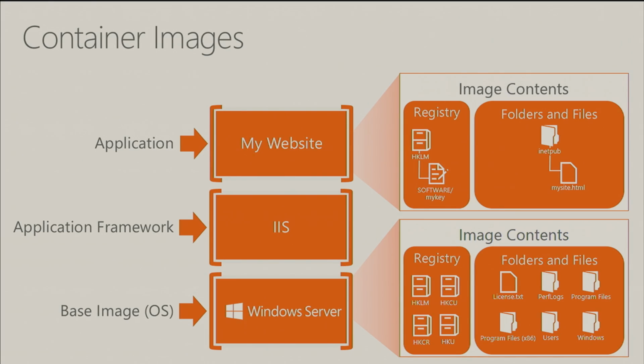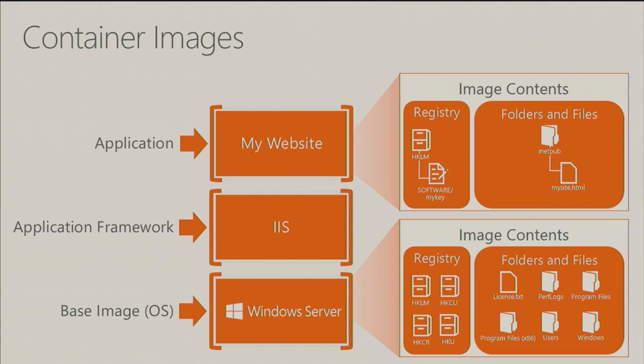Now the metadata for that image says, I depend on the application framework image called IIS. More importantly, I depend on the SHA hash of the image named IIS. Why the hash? Because I depend on the exact version of it. If tomorrow I made version 3.0 of it, I might have changed something that would conflict with those layers above it. We don't want that. We want it to be exactly the same every time.